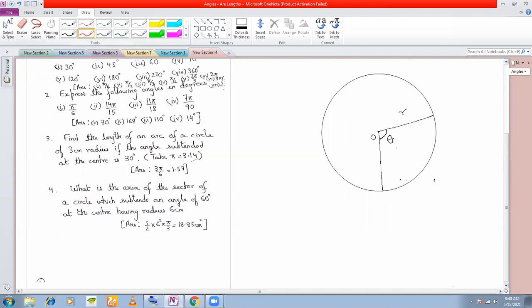Then what should be the area of this sector? Area of sector OAB is equal to half r square theta, where theta is in radians.